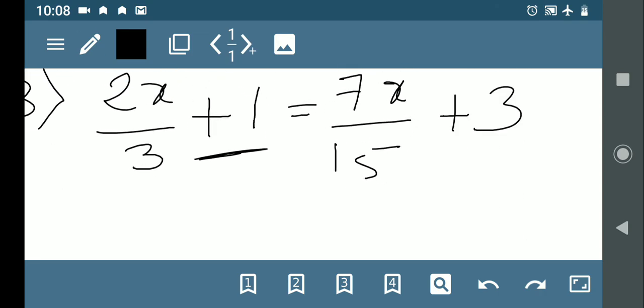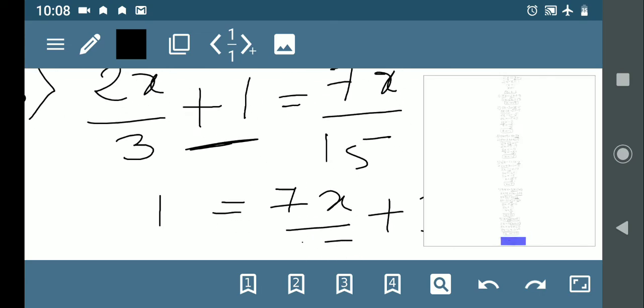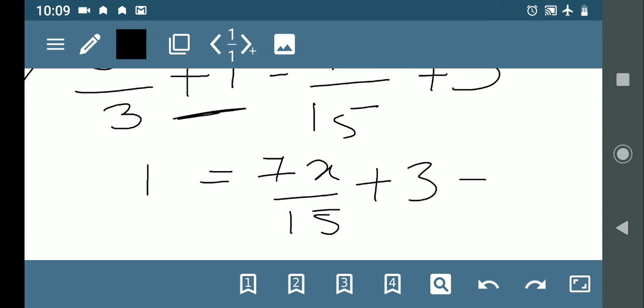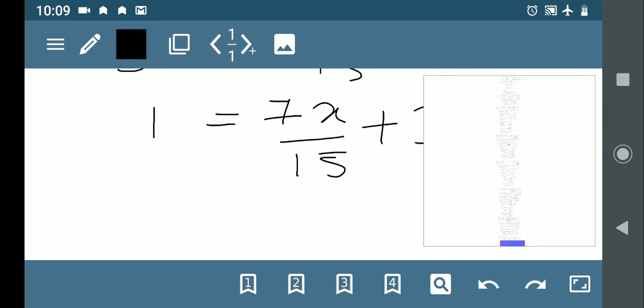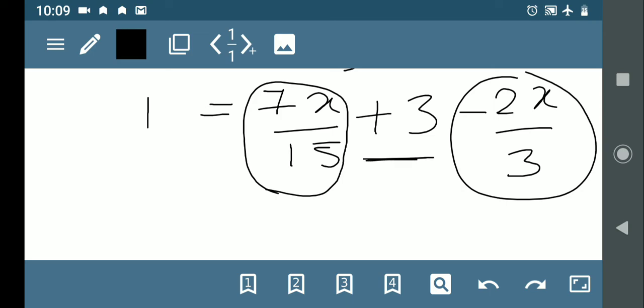So what is left here? Only 1. 1 is equal to 7x divided by 15 plus 3, and we have 2x by 3, so it becomes minus 2x by 3. Next, you can see that these are the values of x, but this is a constant term, and we have a constant here on the LHS.